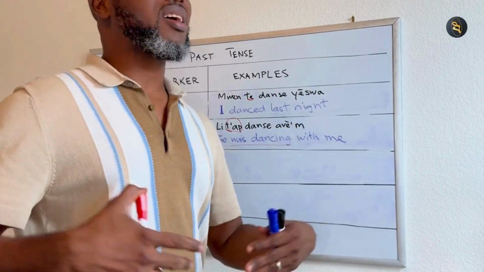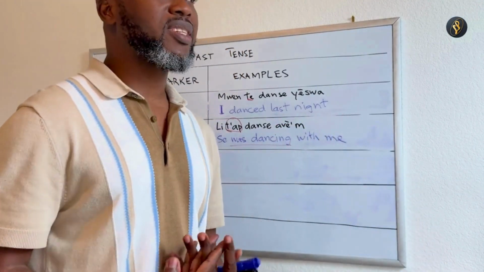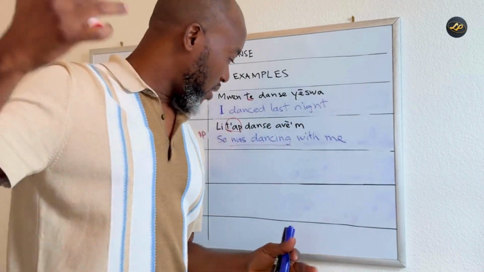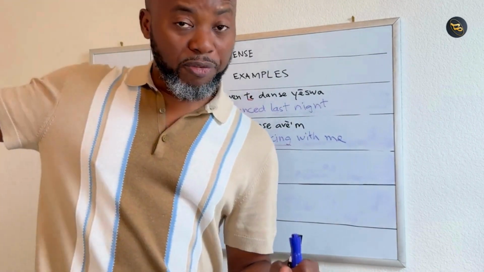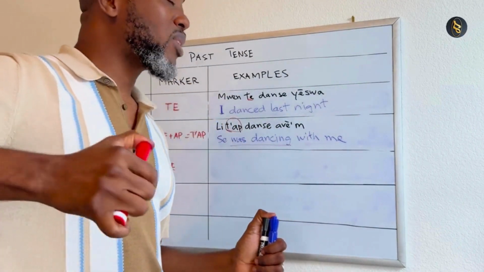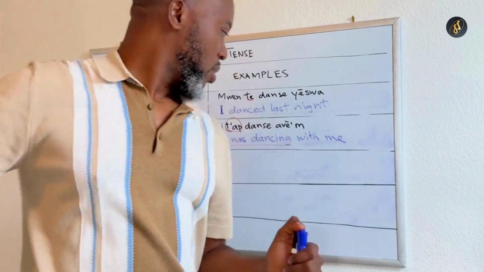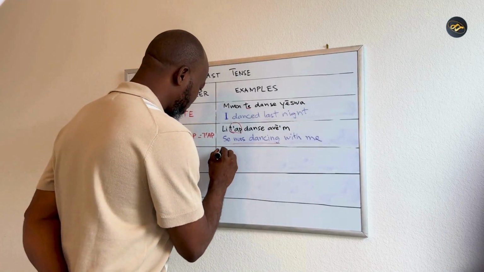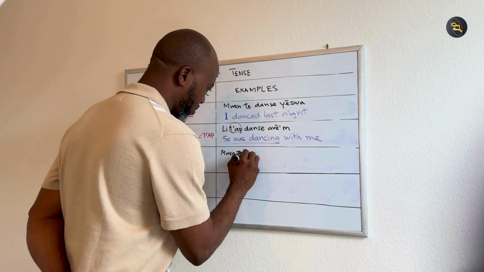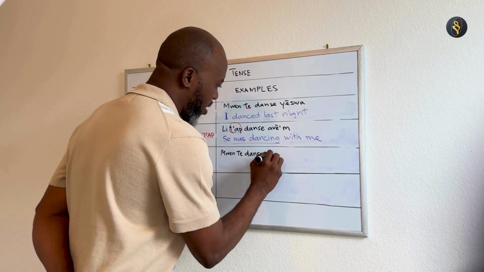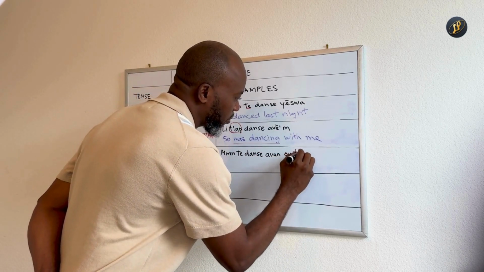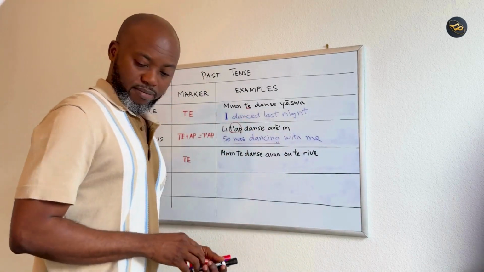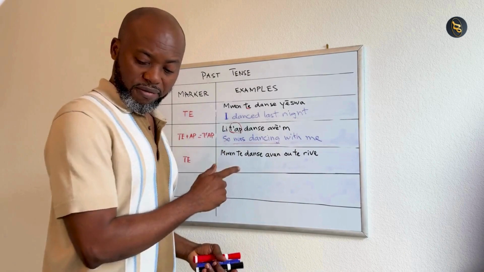And use some complementary words to indicate also that the action was before some other action. Now, the example will be: Mwen te danse avant ou te rive.